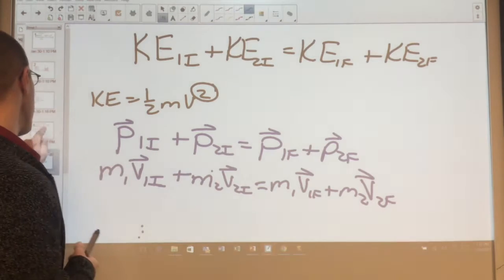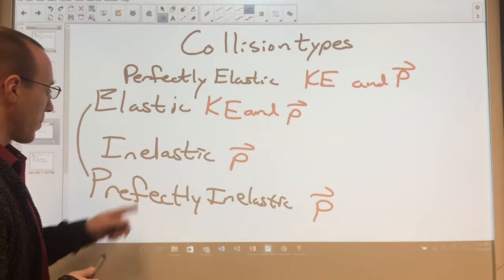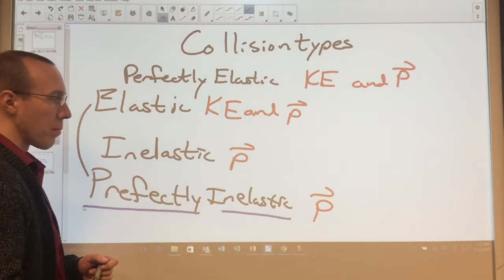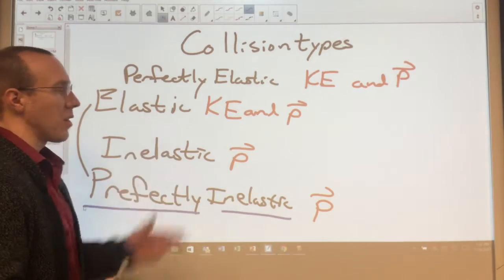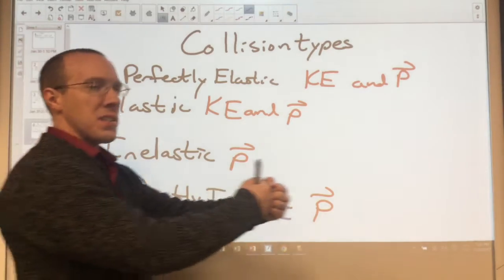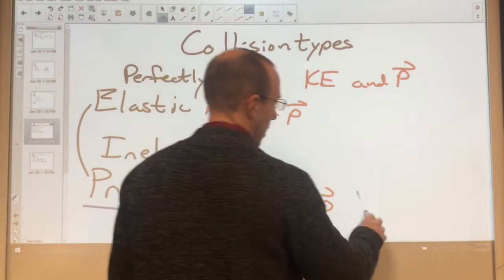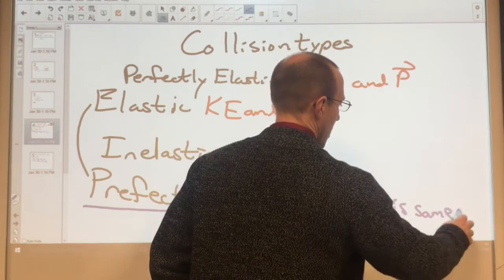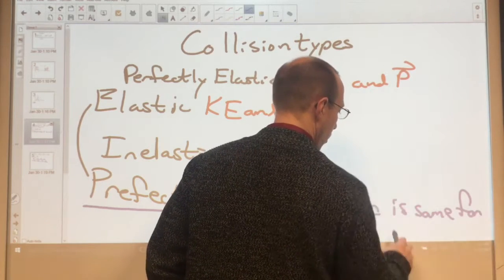So now that they came up, let's go back here for a second and let's talk about this one. This is the special one, because it's the only one out of all these that if you have two objects, they hit and they stick, which means that the final velocity is the same for both.